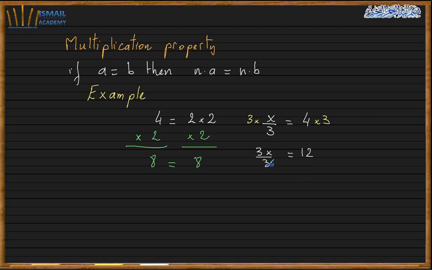But 3 over 3, or 3 divided by 3, is just 1. So it's the same thing as if I have 3 times x equals 12. So 3 over 3 is 1, so it's going to be just x equals 12. So my point is, you see, we always have equal. The symbol of the equal sign didn't change. It's still equal.